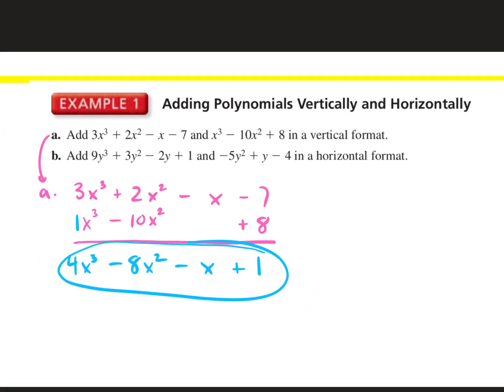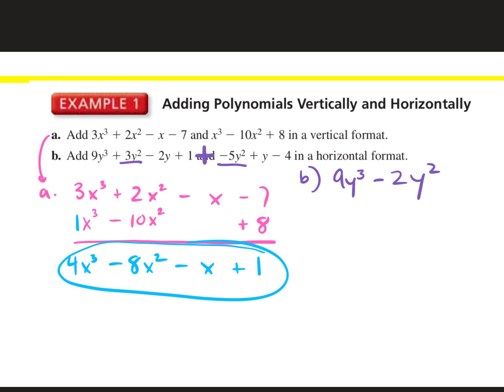For B, when you add them in a horizontal format, we can just say plus, and we just add our like terms together. So I'm going to start with 9y cubed. Do I have another y cubed? Nope. So 9y cubed. Next, we have 3y squared minus 5y squared. So it's 3 minus 5. Negative 2y squared.